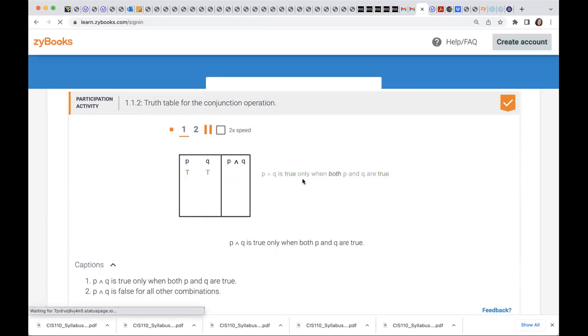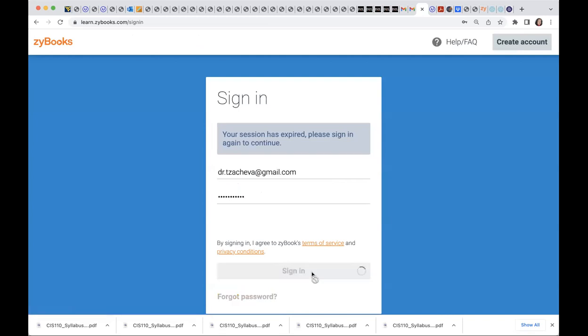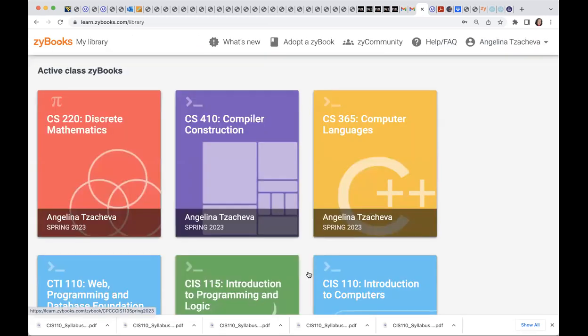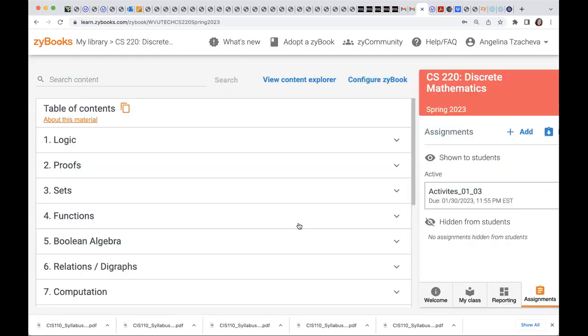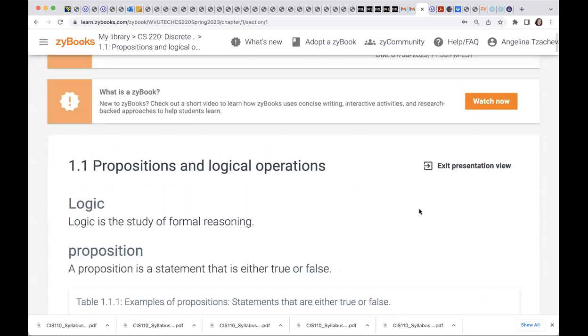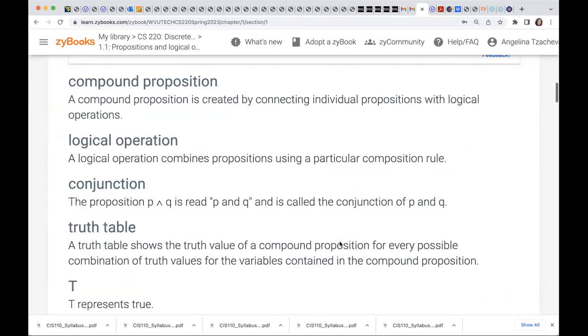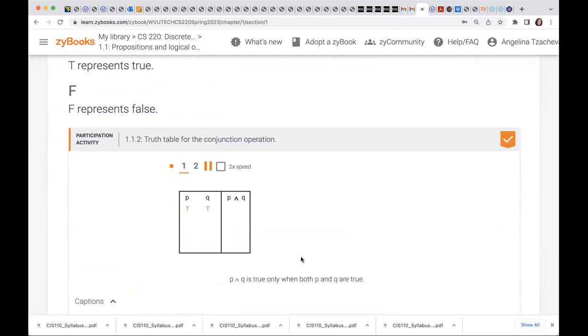Both of them are true. Both of them together, the conjunction, is true only when both individual propositions are true. Otherwise, all the other possibilities will turn out to be false.